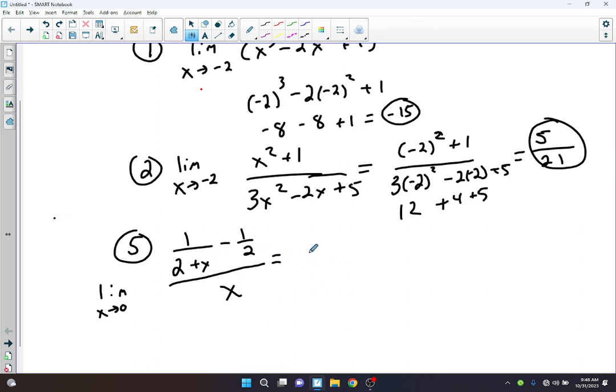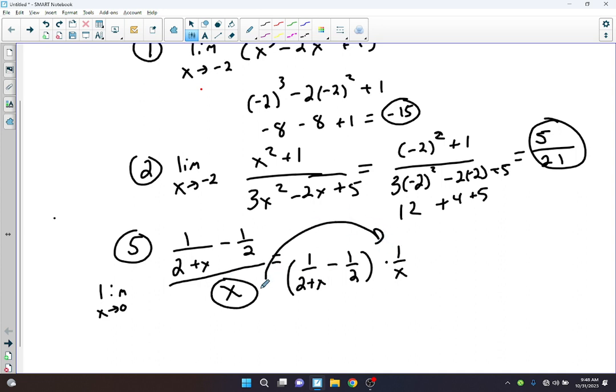So I'm going to rewrite this as 1 over 2 plus x minus 1 over 2, divided by x, which I could rewrite as times 1 over x. So I moved the x over here, which is divided by x, which is the same thing as multiplying by 1 over x.